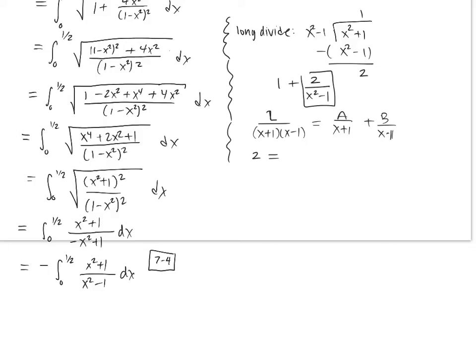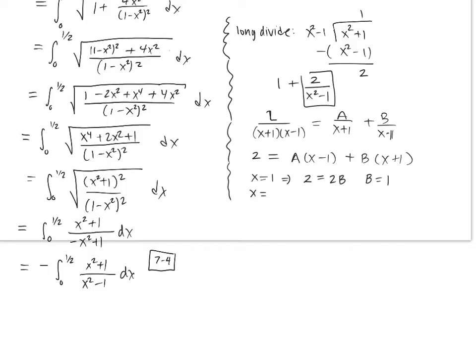So 2 equals a times (x minus 1) plus b times (x plus 1). This is one of the easy ones. If x equals 1, what goes away? a. You get 2 equals 2b, therefore b is 1.